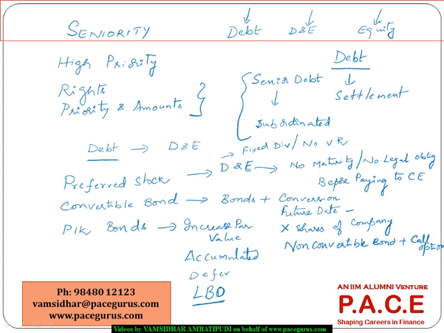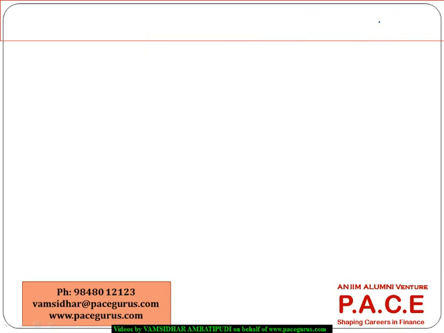Now within the debt itself, we have two more classifications. Within the debt itself, we use the words secured, unsecured. We have used senior, subordinated as one dimension. Secured versus unsecured is what I take as another dimension.